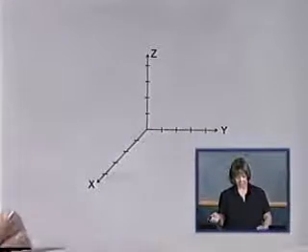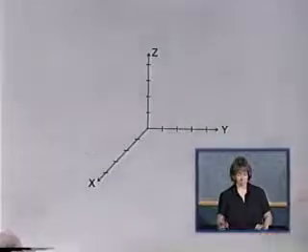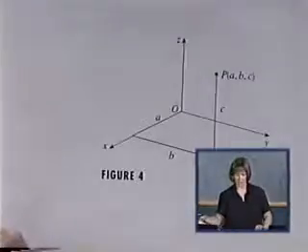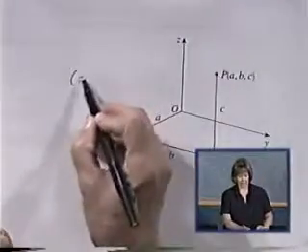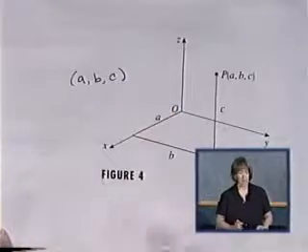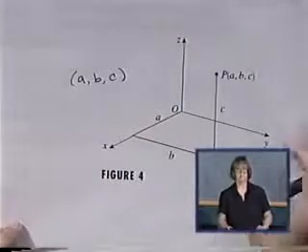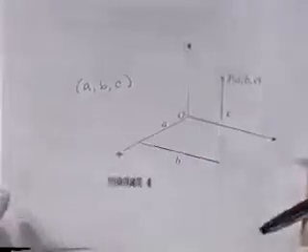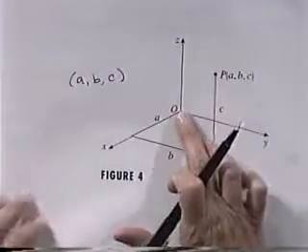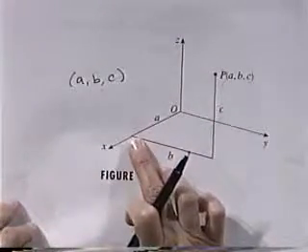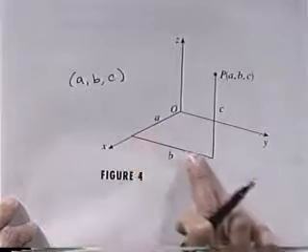So in particular, let me show you how you would plot a point. If you wanted to plot a point with coordinates, let's say (a, b, c), what you do is you move in the x direction a units, then you move in the y direction b units.